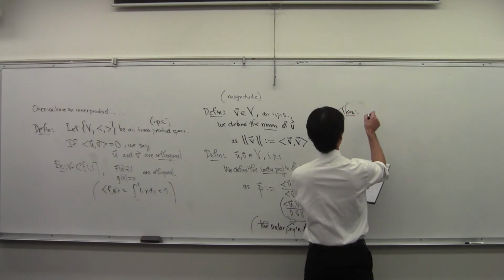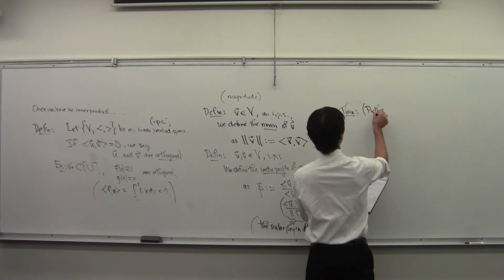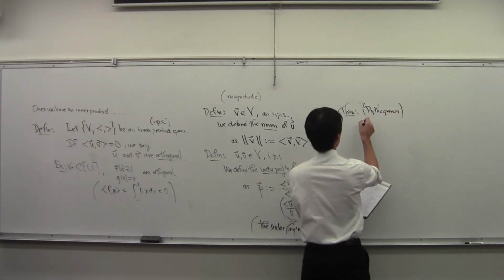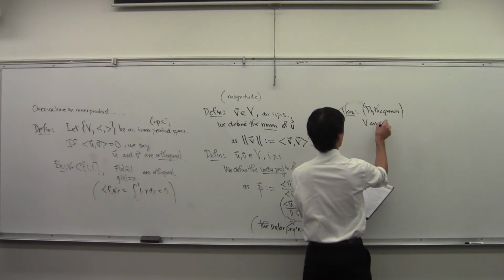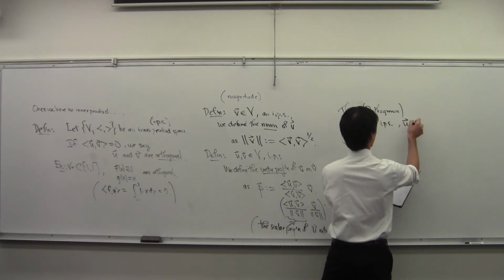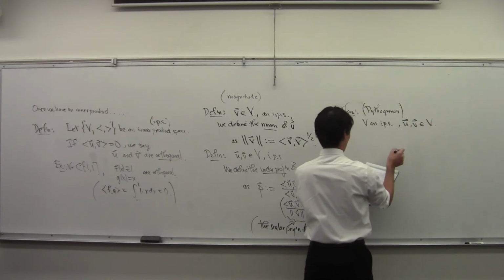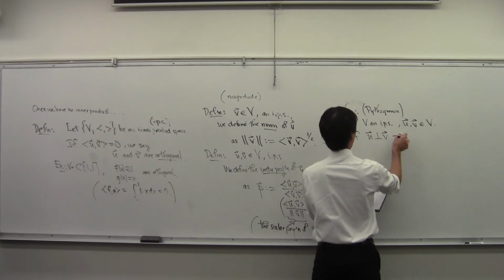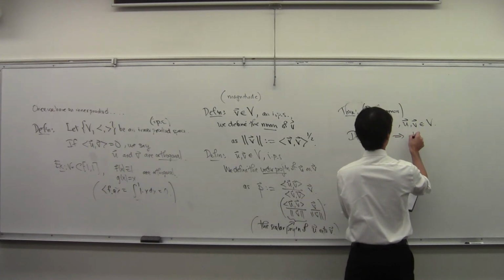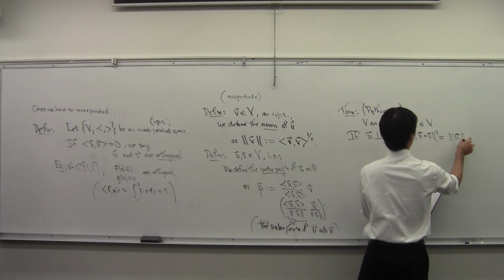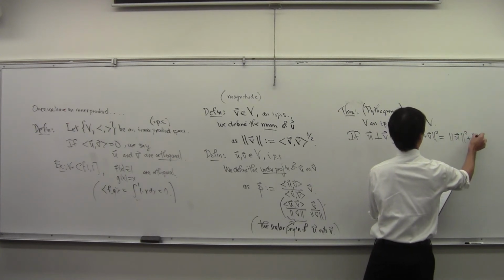Another thing that we get is the Pythagorean Theorem. Suppose V is an inner product space and you've got two vectors u and v in V. Then if u is perpendicular to v, the magnitude squared of u plus v equals the magnitude of u squared plus the magnitude of v squared.